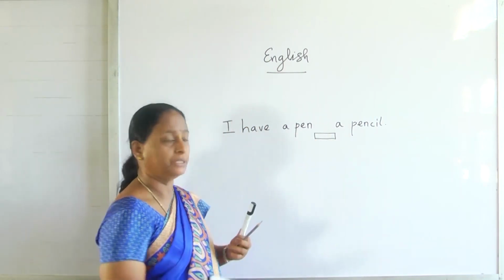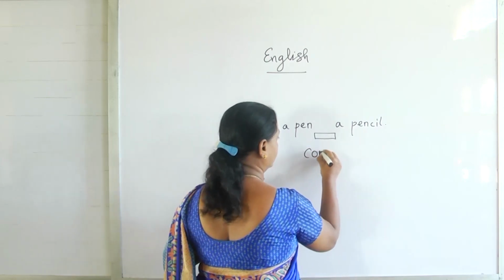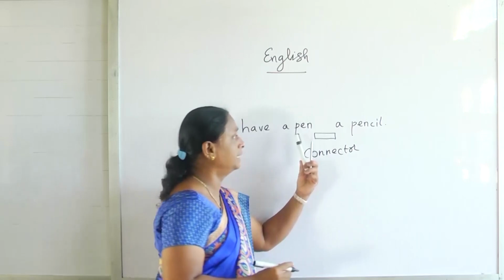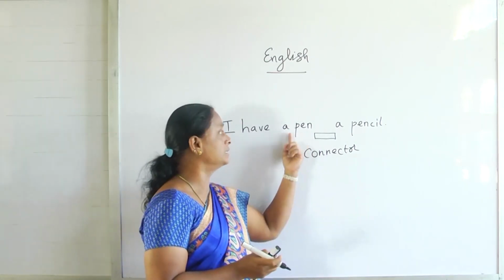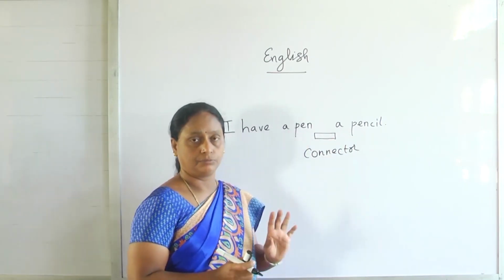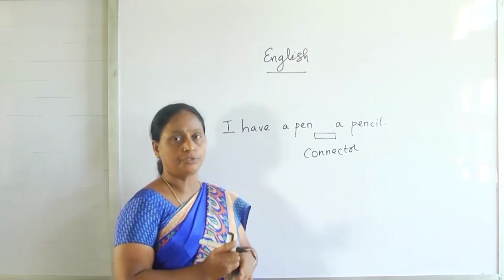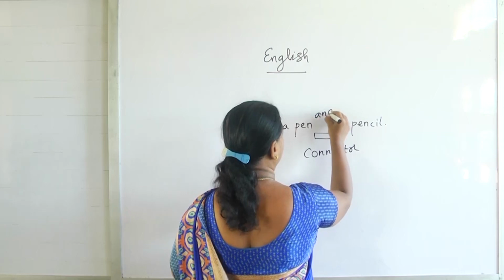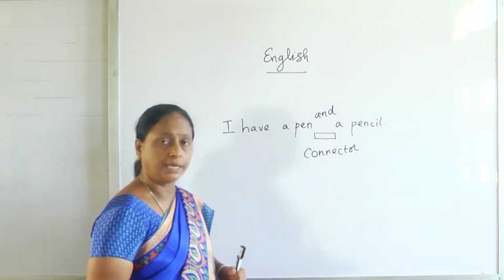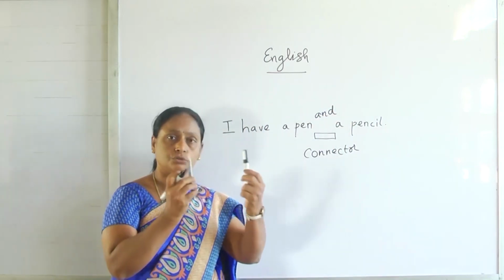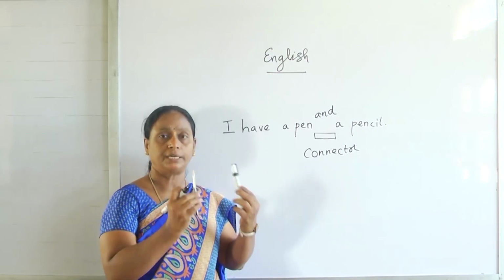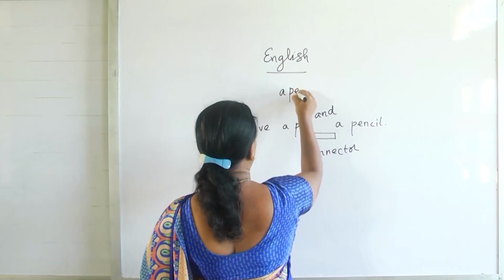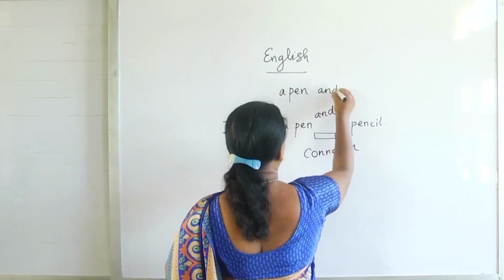What is the bridge? A connector. I need one connector to say together this pen and the pencil. So what word can I use here? I can use the word and. So when two things are to be mentioned together at a stretch, I have to say a pen and a pencil.